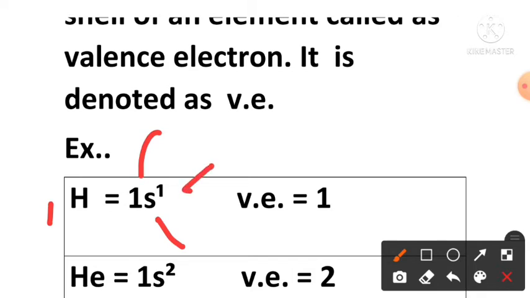So it is both the outermost and innermost shell. So here the valence electron is 1s1. The number of electrons present in this shell is 1. So valence electron is 1.